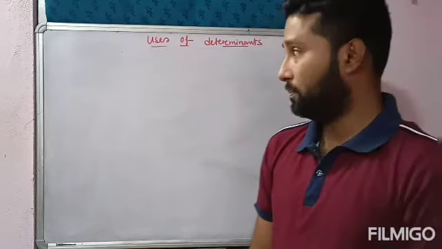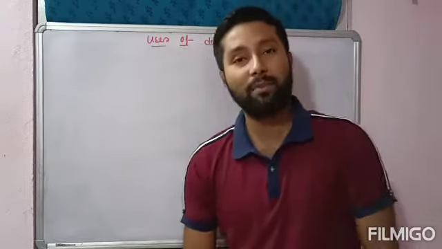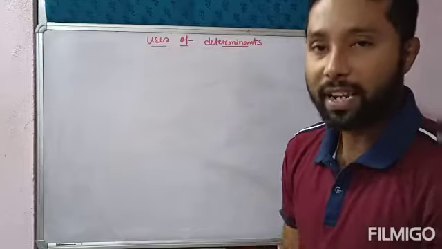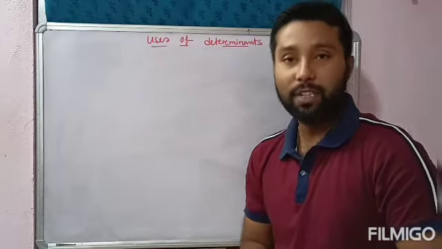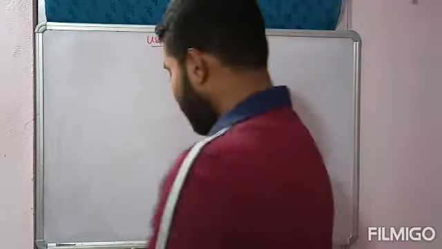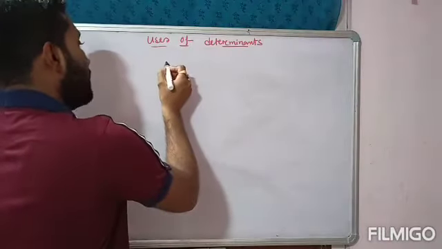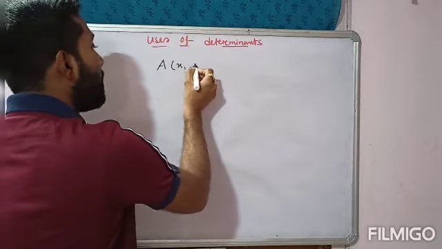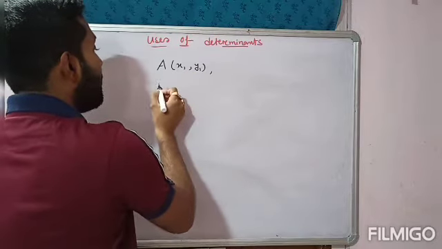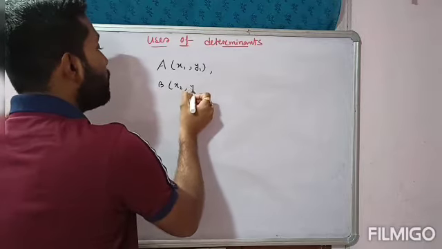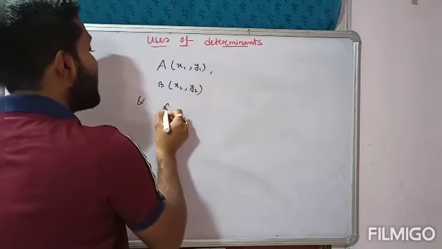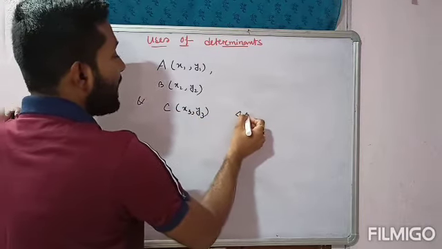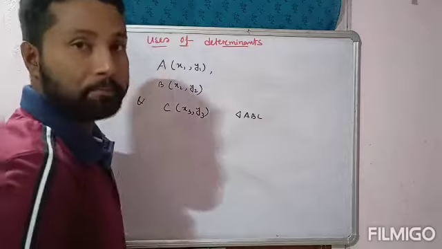Suppose the three vertices of a triangle are A (x1, y1), B (x2, y2), and C (x3, y3). The three vertices of a triangle ABC are given.